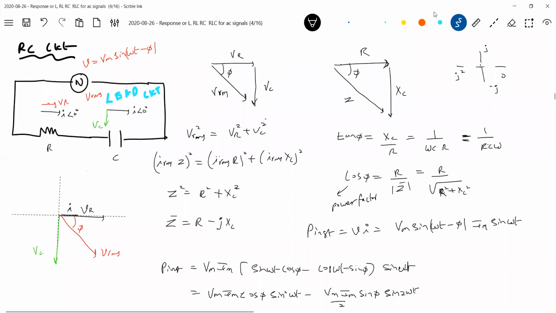When you calculate the average power, the term with sine 2 omega t will be 0. Only the sine square omega t term will remain. The average value of sine square omega t is 1 by 2.